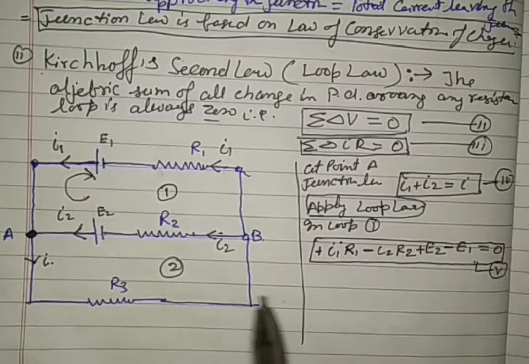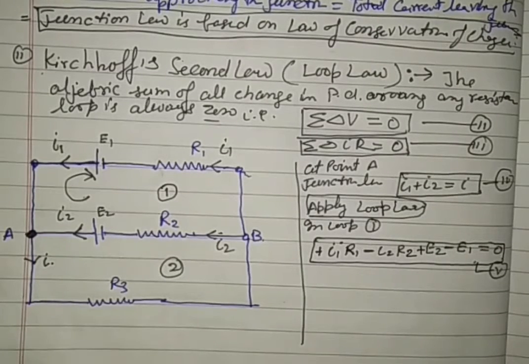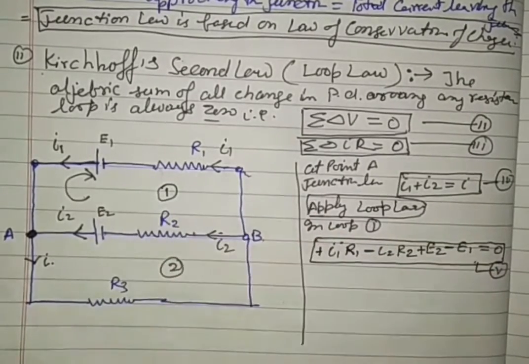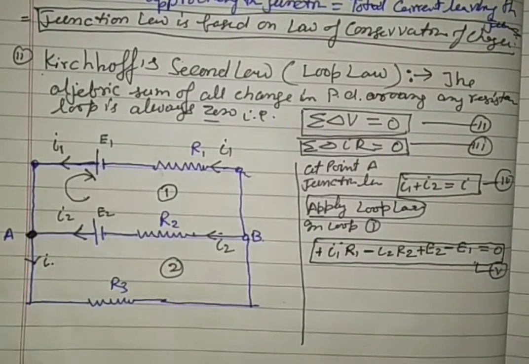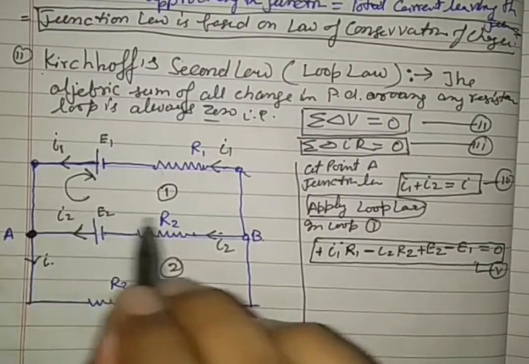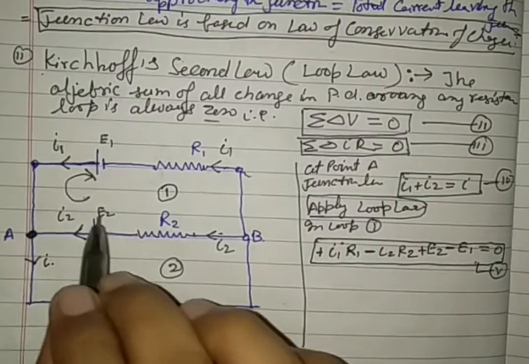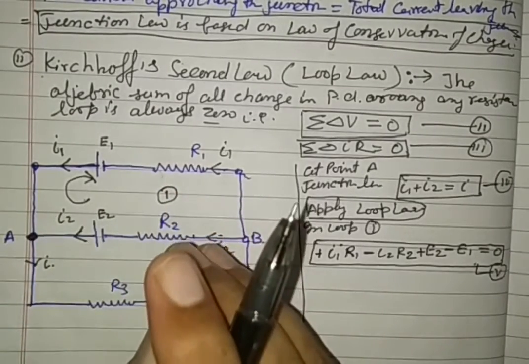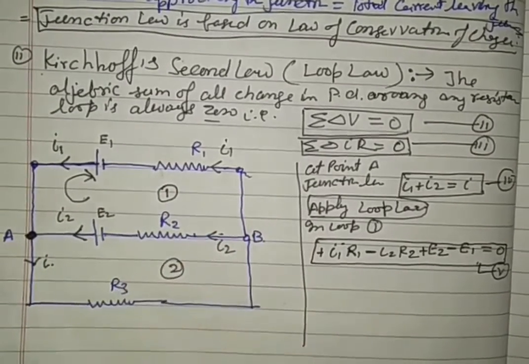See very carefully, once more I am explaining. This is much more important, students, for you to understand this law, how I am going to apply the loop law. Two cells and two resistances are connected here. To make a mathematical expression, we first make a sign convention, and we are free to take either clockwise or anti-clockwise.